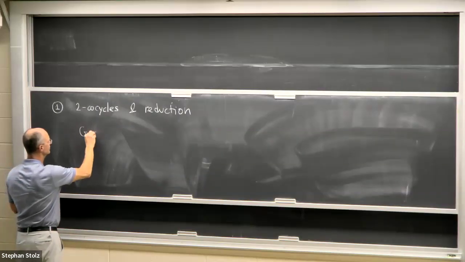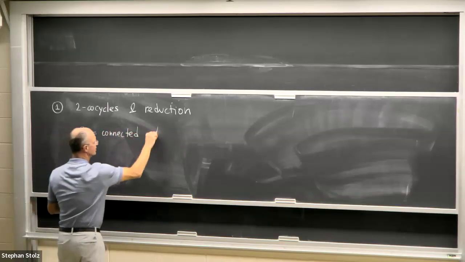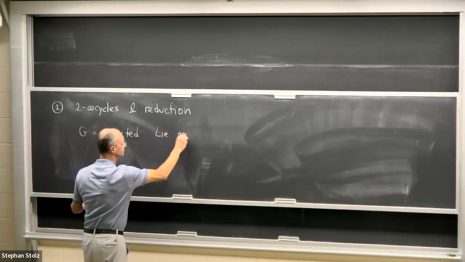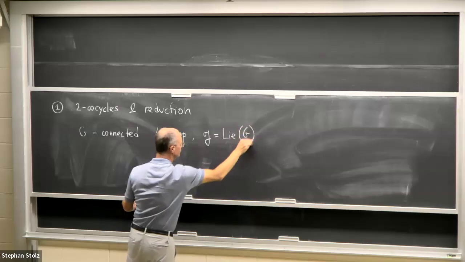Let's say G is a connected Lie group. This beautiful G is its Lie algebra.